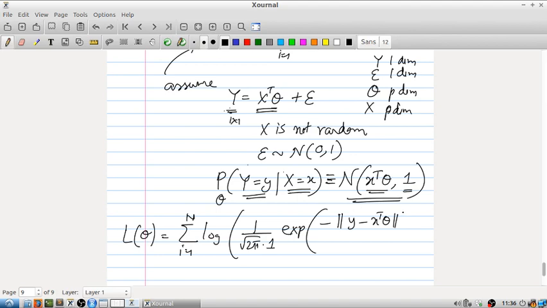X transpose theta is the mean. Sorry, let me just use brackets here. Square, divided by 2 times 1. Sigma, I just took the variance to be 1, as you see in the model. So this is the expression for the Gaussian. Okay, so if you have not seen this before, just assume that this is a rule. This is just by definition. Okay.